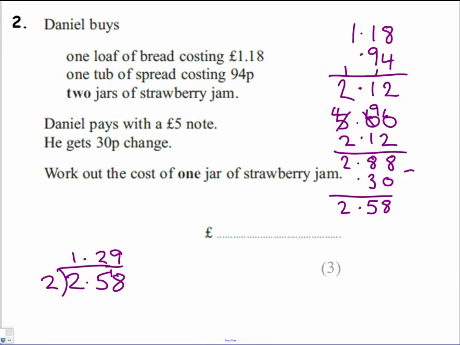So the price of 1 jar of strawberry jam is £1.29. So for your 3 marks, the £1.29 is 1 mark, some form of calculation to work out from his change how much the existing items cost, and then a division to work out how much 1 jar costs.